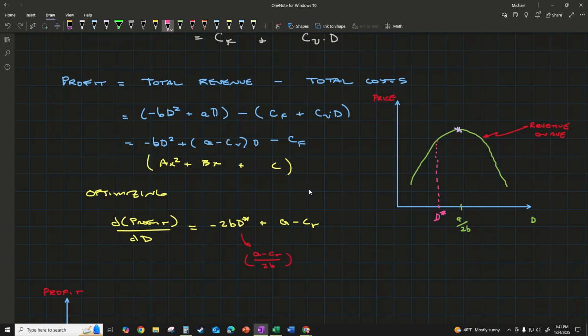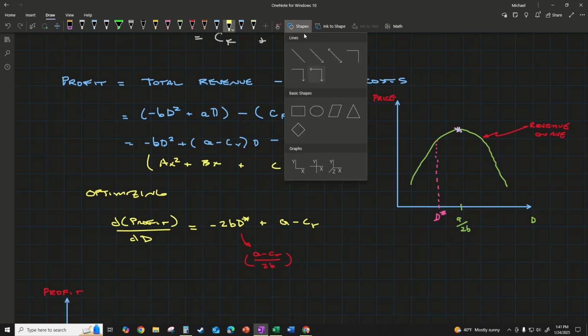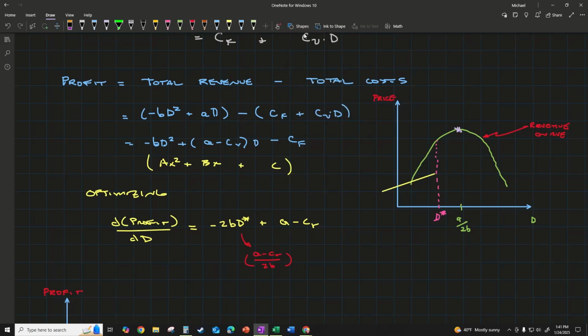And that's because our cost curve comes into play. And our cost curve, remember, this intercept point is CF because the cost curve is just this linear equation. This has a slope of CV, and that's our cost curve.